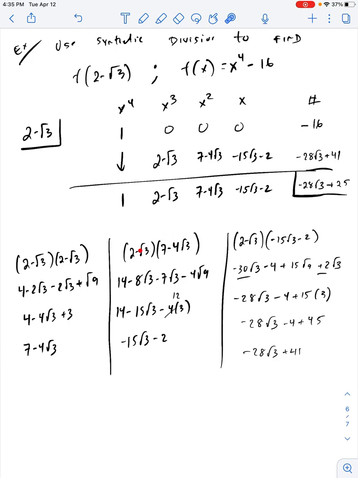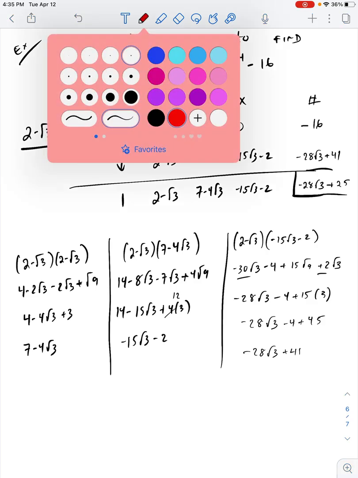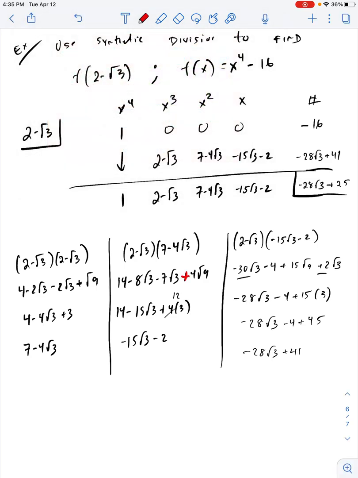Oh, take a look here, y'all. These two negatives make that a positive. Should be a plus. I'm going to use a different color. All right, so that should be a plus. This should be a plus. So now we're adding 14 plus 12, so that's a positive.